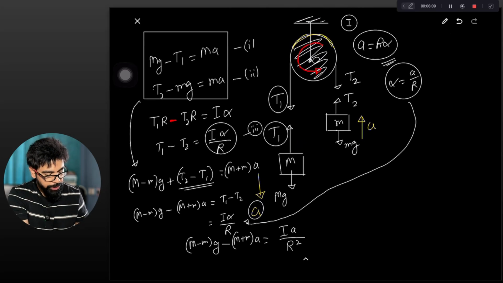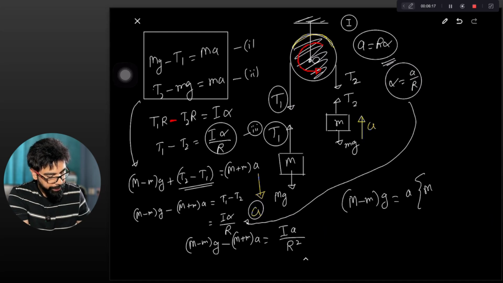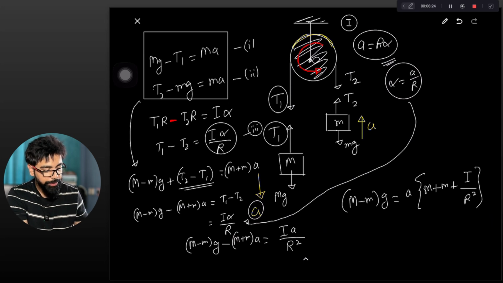So we'll do the side change and we get (capital M minus small m) into G is equal to, take A out, and we get (capital M plus small m plus I by R square), where I is the moment of inertia of that disc or the pulley.